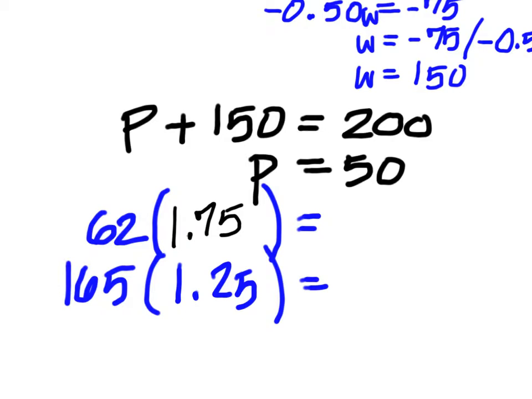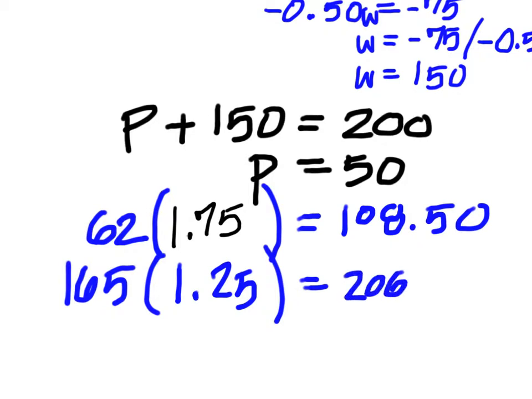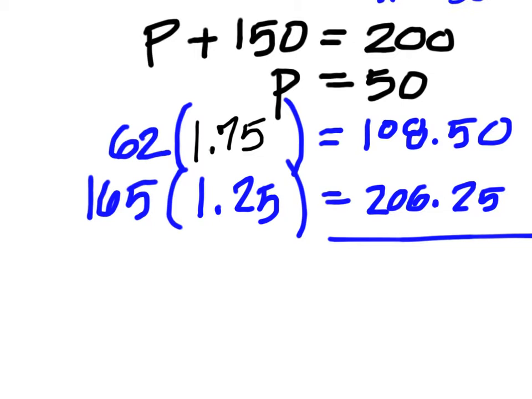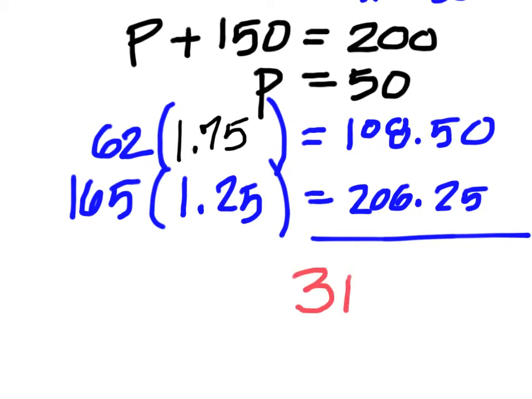Okay, so 62 times 1.75 is 108.50. And then 165 times 1.25 is 206.25. 206.25 plus 108.50 is 314.75.